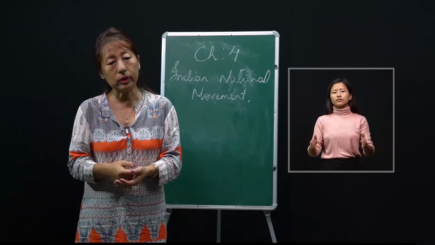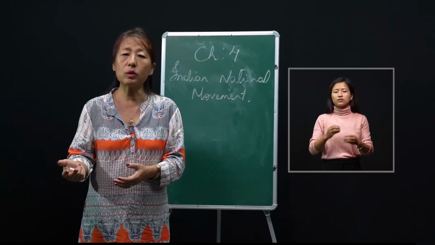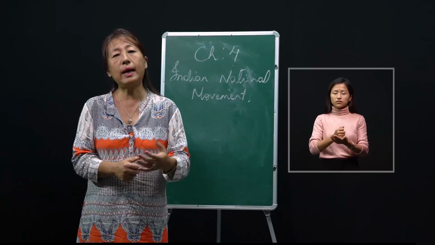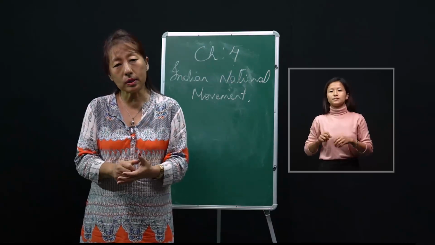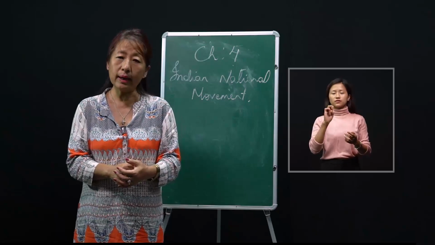On the other side, the British government decided to free all the Indians whom they had arrested during the movement. So this was the agreement, and this is how the civil disobedience movement came to an end.